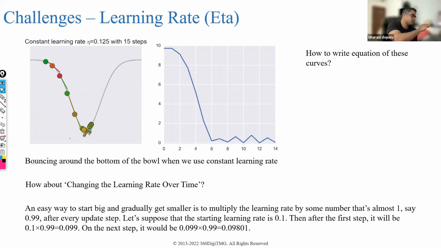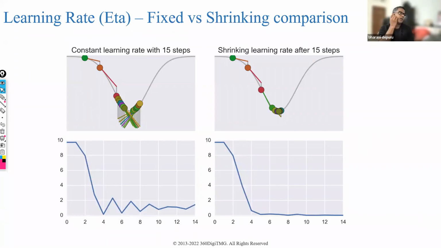When you do this, the bouncing around the ball problem will move away. If you use a constant learning rate, you'll experience that bouncing around the ball. But when you use a shrinking or changing learning rate, with a value less than 1, it will shrink, it will reduce.